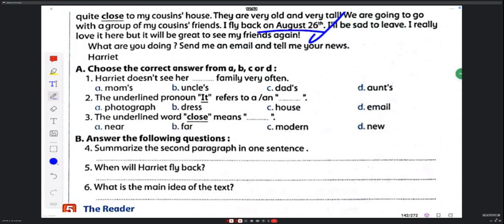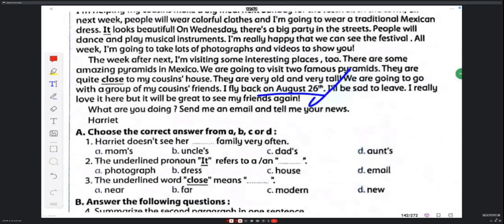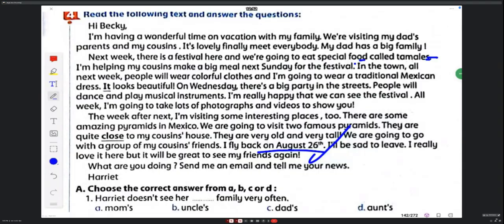What is the main idea of the text? The main idea will be: I was so happy to attend.